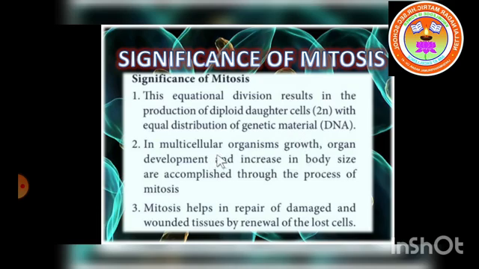In multicellular organisms, growth, organ development and increase in body size are accomplished through the process of mitosis. Mitosis helps in the repair of damaged and wounded tissues by renewal of the lost cells.